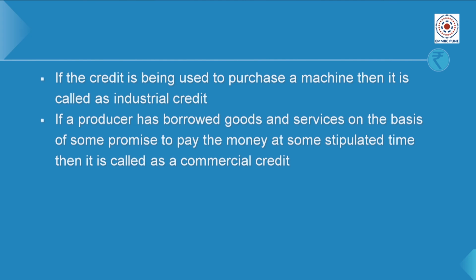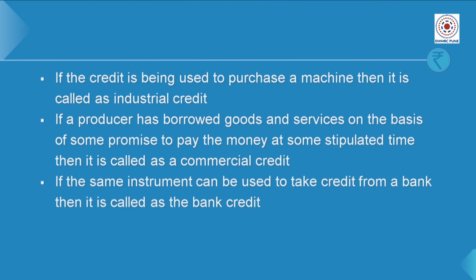If a producer has borrowed goods and services on the basis of some promise to pay the money at some stipulated time, then it is called a commercial credit. If the same instrument can be used to take credit from a bank, then it is called a bank credit. There are various instruments of bank credit like checks, bills of exchange, etc.